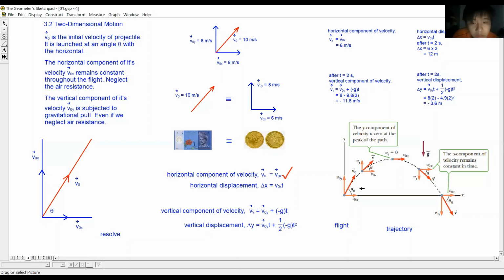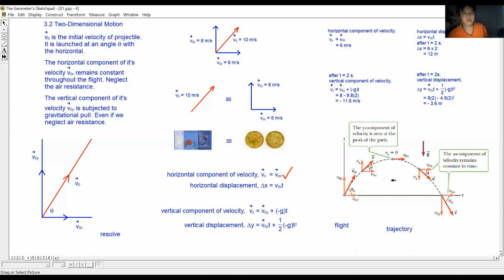And throughout the journey, at every stage during the flight, you see they have frozen the object along the trajectory. Let's say at this position, the initial position, there's a certain horizontal component and a certain vertical component. So let's say we take this position here, there's a certain horizontal component and a certain vertical component, and here and here and here.